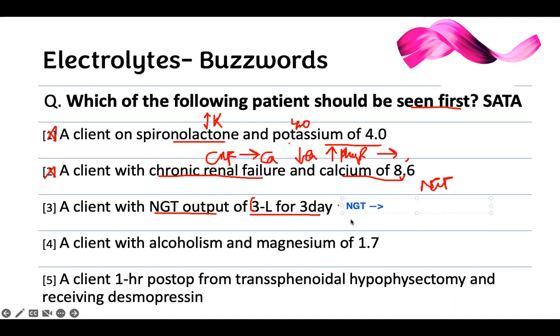You're losing sodium chloride and hydrogen chloride. So you lose all the acid out, and therefore your body will have more bicarb, so increased bicarb.